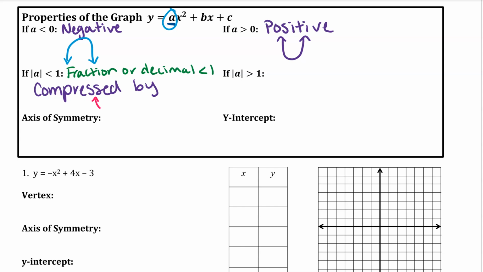So it's going to be a really wide parabola because it's going to be flattened a little bit. Then if A is bigger than 1, that means it's most likely a whole number or a fraction that is bigger than 1. And that means it's going to get stretched. So it might be really, really skinny, not getting flattened. It's just going to be stretched up.